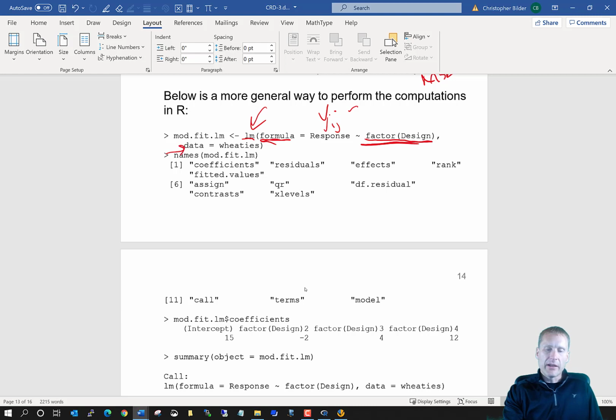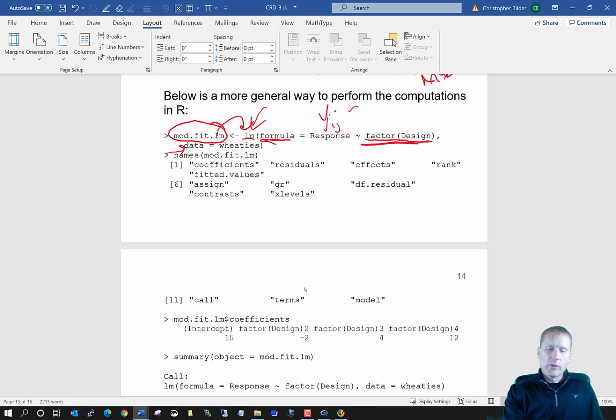I put in my data. I then run the LM function. I put the results into an object called mod.fit.lm, for the lack of a better name. Why am I using mod.fit? Model fit. We're basically fitting a model to data. LM is just going to correspond to that function name there. But I could use a different name.